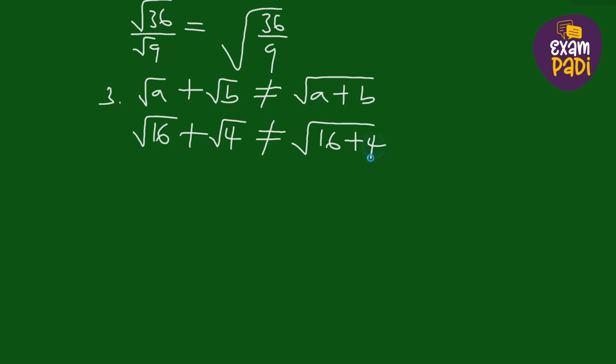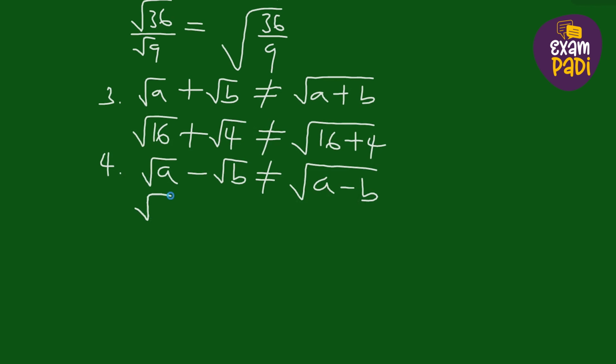Rule number 4. Square root of A minus square root of B is not equal to square root of A minus B. That is, root 16 minus root 4 is not equal to square root of 16 minus 4.